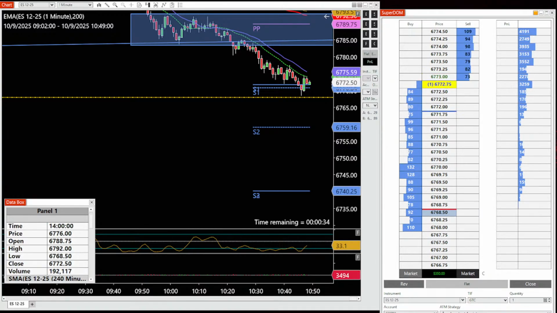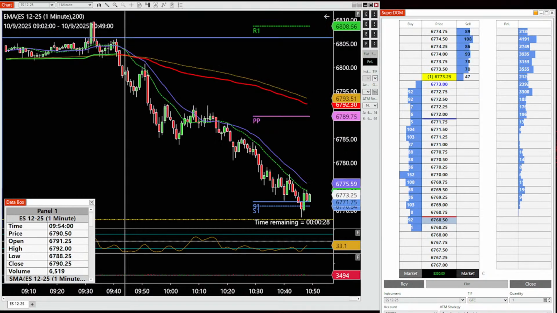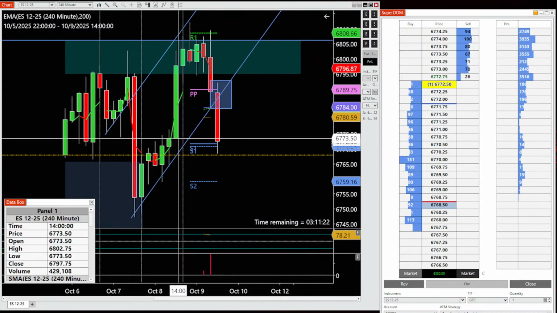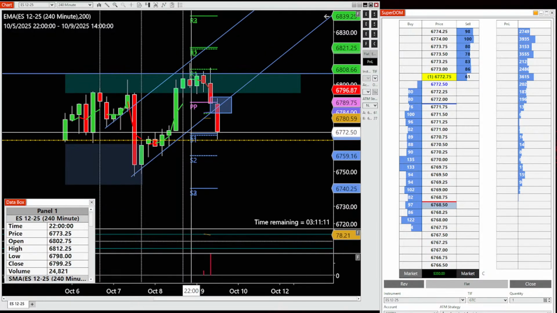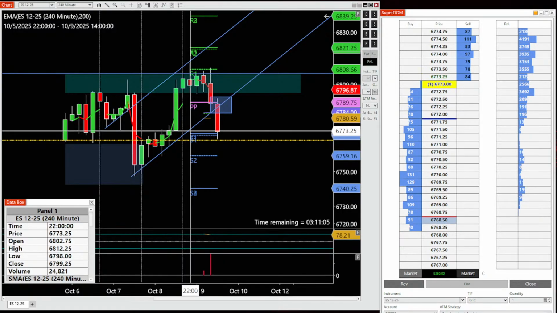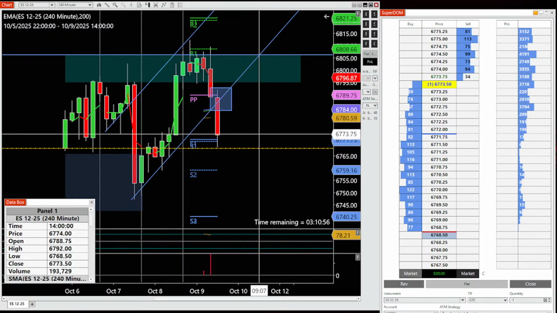So 73.50 will give us a close above 73.50 and give us an open above the 4-hour bar that broke out. Which could give us some more room to move back up, but this is heavy. This been heavy all day.